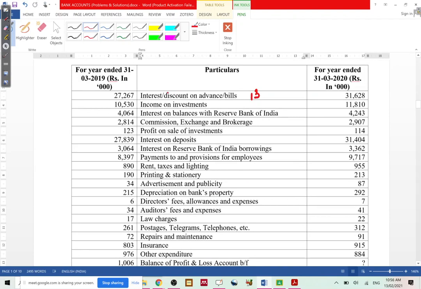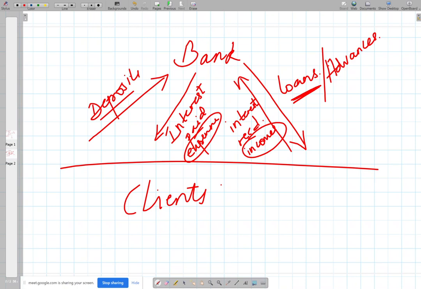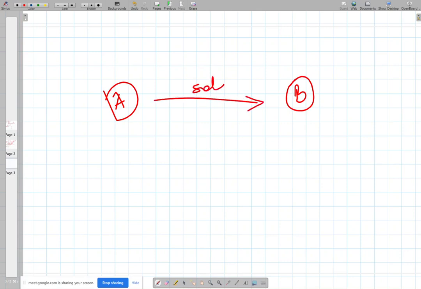Just to make this part clear, what is discount on bills? I'm sure you're aware of the concept of bills discounting, isn't it? Or discounting of bills. So if you have two parties, A and B, A has sold goods and B is supposed to pay for those goods. Now sometimes B doesn't have the money right now, so he doesn't pay immediately.